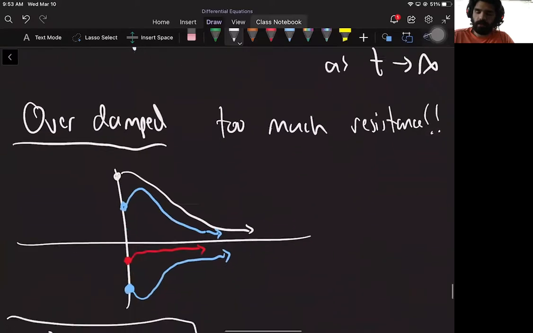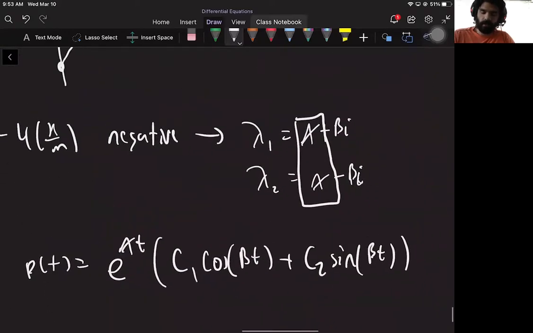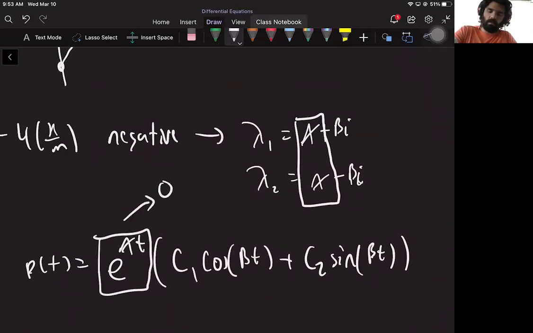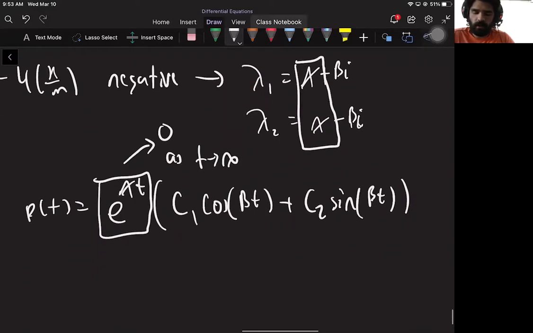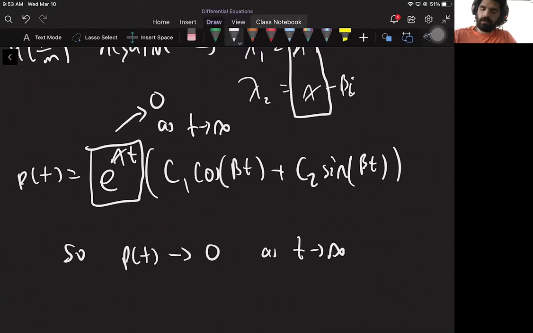So no matter what, in these spring problems, this thing will go towards 0 as time goes on, because it's a negative exponent of an exponential. It'll shrink towards 0, causing the whole function to shrink towards 0, because it's being multiplied to this other piece, which is just oscillating.